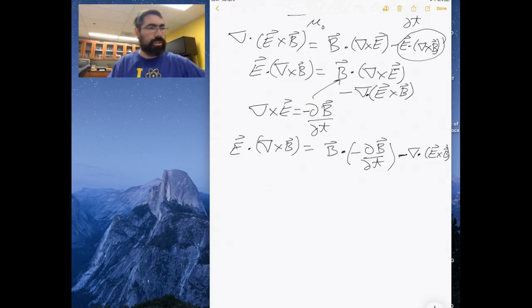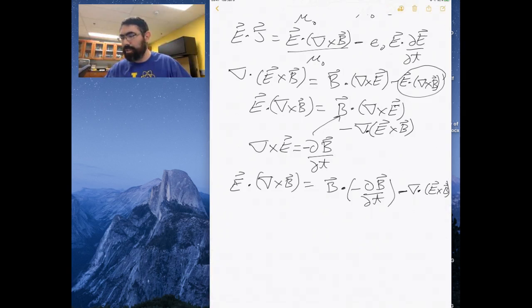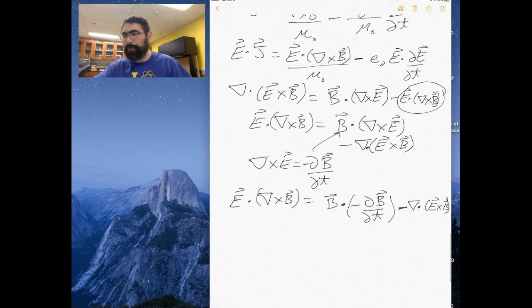Well, what we could do is rewrite these time derivatives, because we've got a B field dotted into the time derivative of the B field, and in the previous equation right here we have the E field dotted into the time derivative of the E field, so we have pretty similar equations.